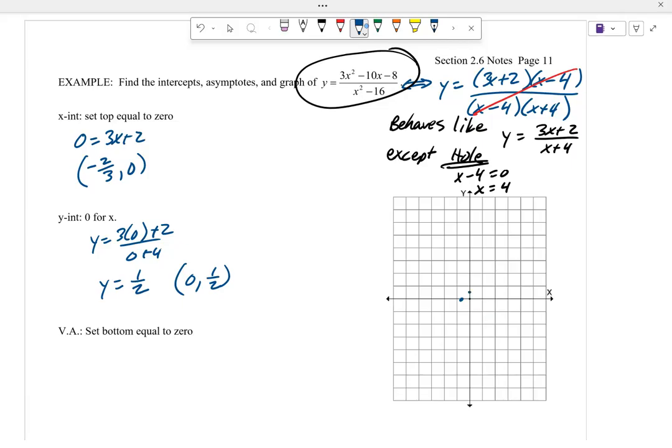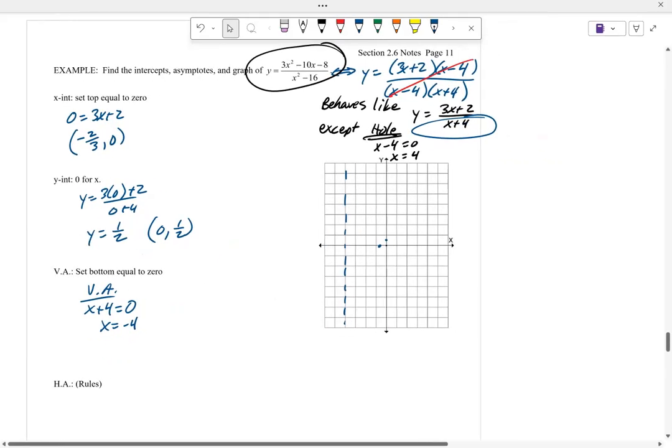Our vertical asymptote, where do I have a vertical asymptote? At negative 4.